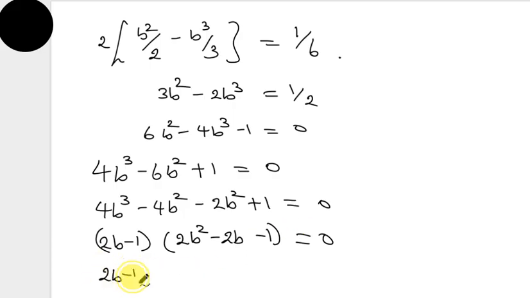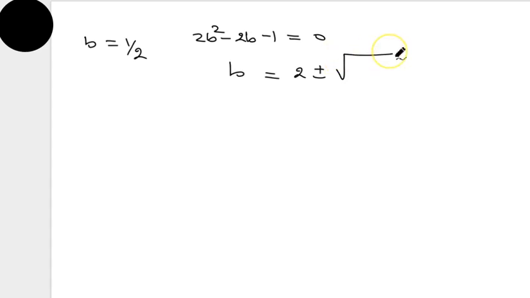So 2b minus 1 equal to 0, or 2b squared minus 2b minus 1 equal to 0. Now, when you solve this, we will have b equal to half, or in the other case, 2b squared minus 2b minus 1 equal to 0, that is b is equal to 2 plus or minus root of b squared minus 4ac by 2a, which gives me b to be 1 plus or minus root 3 by 2.